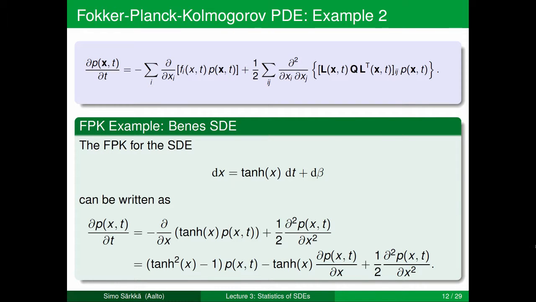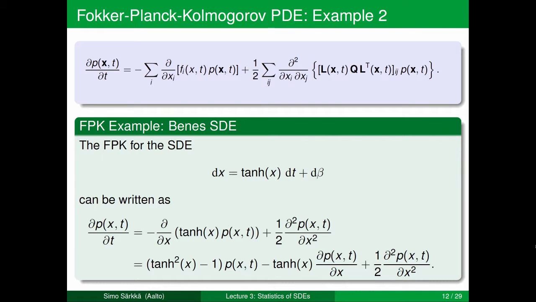As another example of the use of the Fokker-Planck-Kolmogorov equation, let's now take a look at the Benes SDE, which looks like this. So the SDE is given as dx is equal to hyperbolic tangent of x dt plus d beta, where beta is assumed to be a standard Brownian motion.